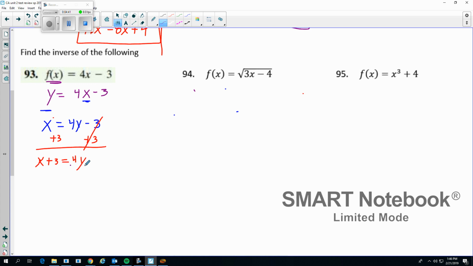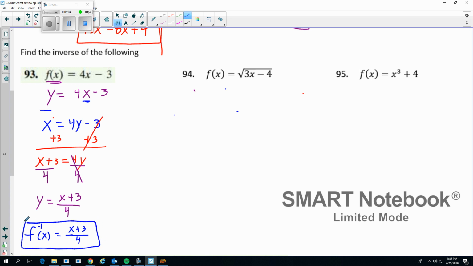Then last, you want to divide by 4. And so we get y equals x plus 3 divided by 4. Then to clarify that it's our inverse function, we'll use our function notation: x plus 3, all divided by 4. And there we go.